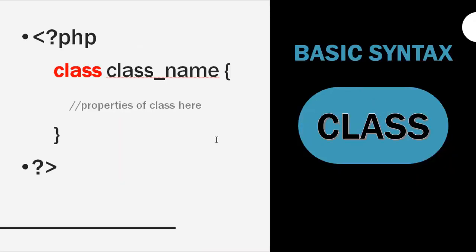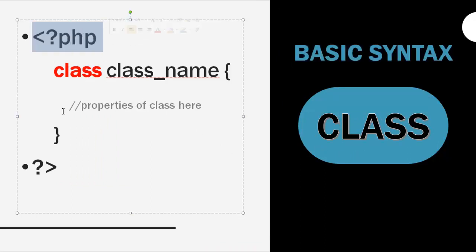After that, this is the basic syntax of our class. First there will be our PHP basic tags, and under that there will be the class keyword. This keyword is reserved, like in JavaScript, Java and C++. Then there will be our class name.